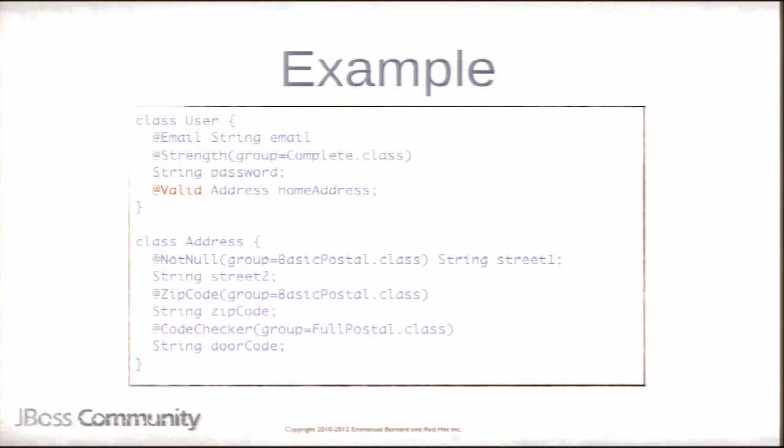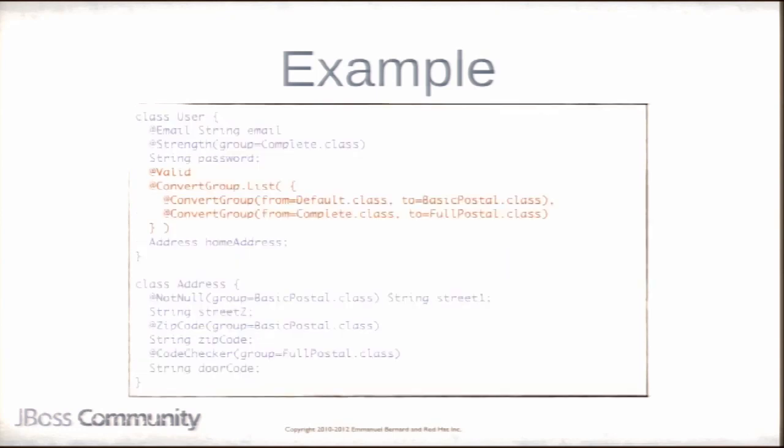So that looks complicated, but an example is actually very, very simple to understand. In this case here, I've got a user which has an address, a home address. And when I'm validating the user, I'm also validating the address. And remember, address had two ways to be validated, the basic postal validation logic or the full postal validation logic. How do I decide from a user point of view to use one versus the other? I don't really want to force the people validating user to remember that, oh, well, actually there is a link to address, so use basic postal versus full postal as a group, right?